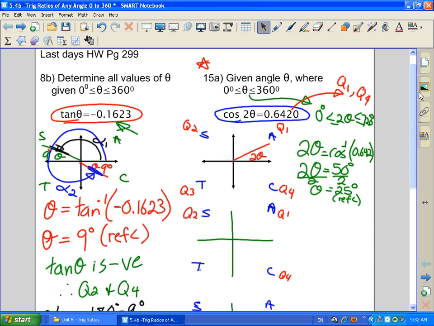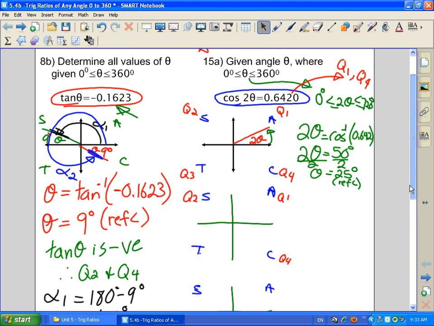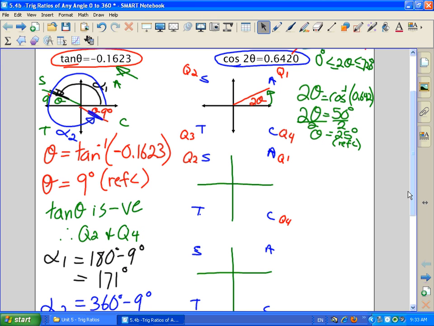And to find our initial arm, it's going up here, and then we split it into 2 to get 25 degrees. Our second quadrant that we find our 2 theta in, ladies and gentlemen, is in quad 4. So if I put my reference angle in here at 2 theta, the angle I want to find is from the initial arm all the way down to that terminal arm.